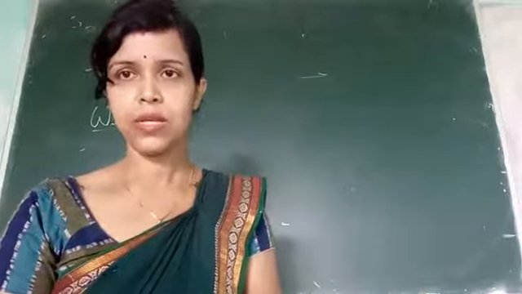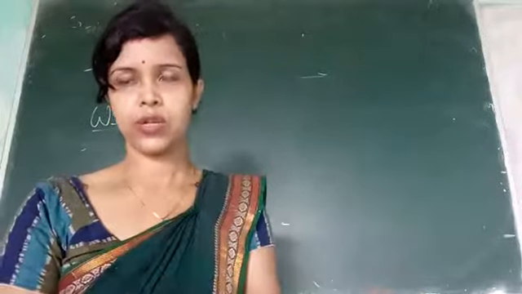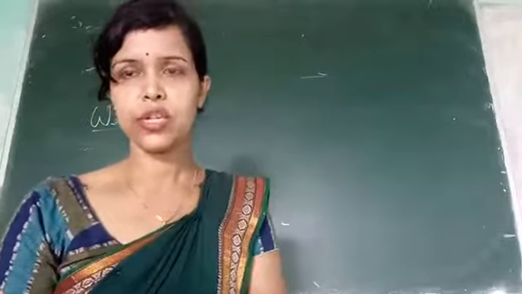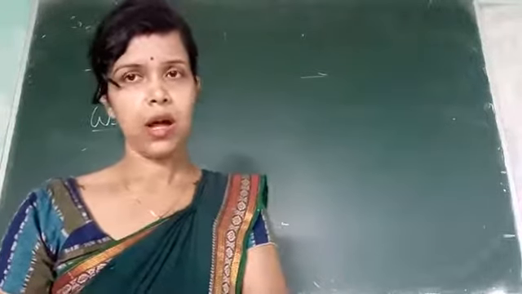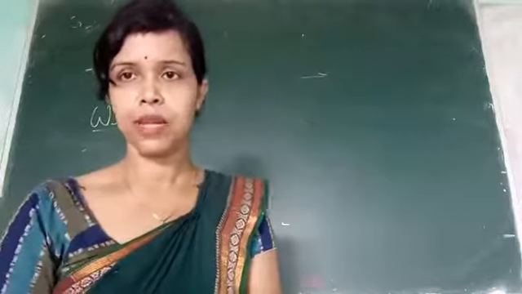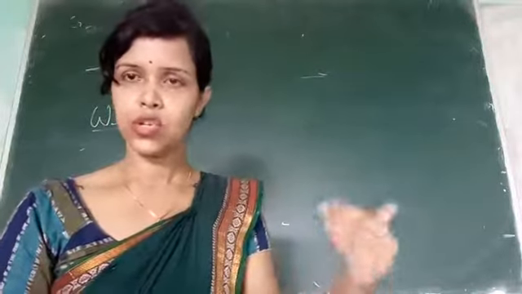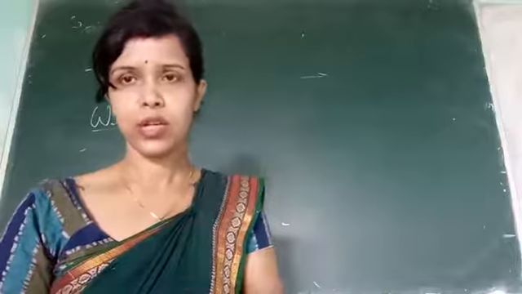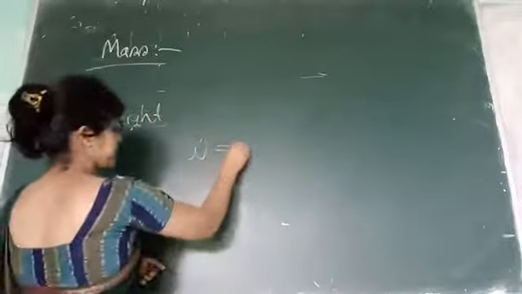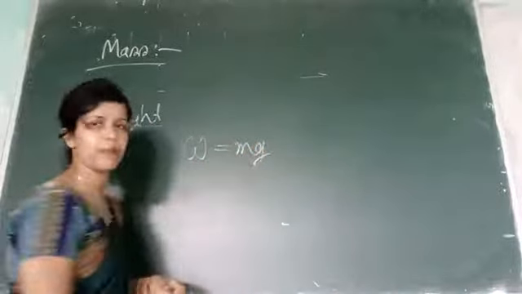That means with which force the body is pulled towards the center of the earth, the weight is dependent upon that thing. So weight is not independent of the location where we have kept the body, and weight is expressed in this way: W equal to m into z.